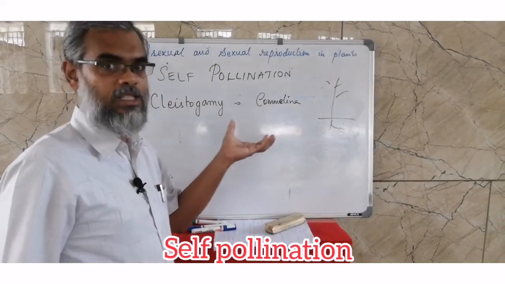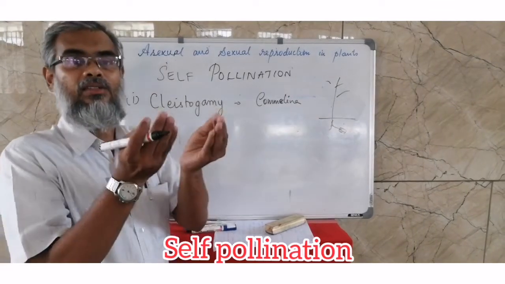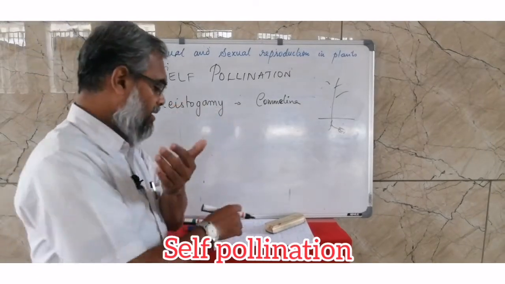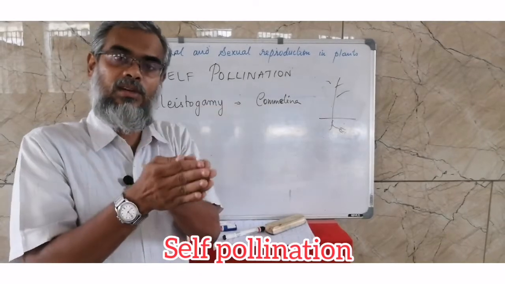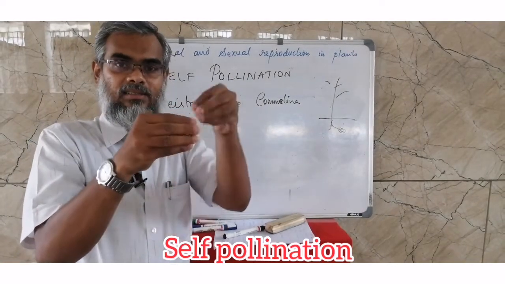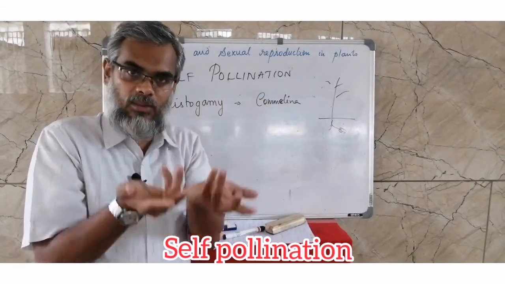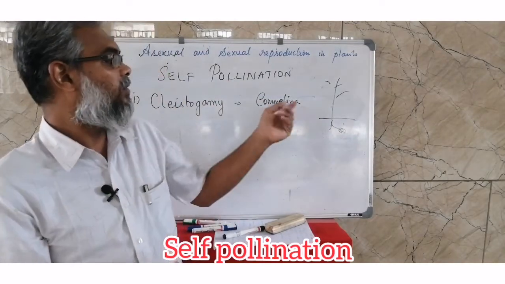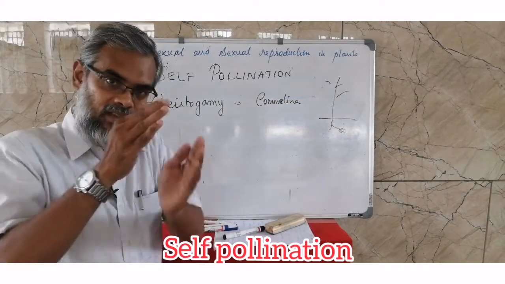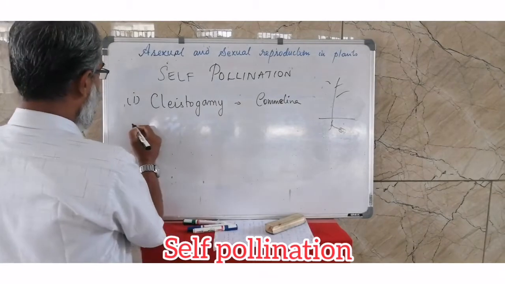So Commelina is a special plant where the flowers are present even under the soil, and those flowers are closed, so cleistogamous. Understand, dear students, when the flowers are closed, the only possibility is that the pollen grain from the anther falls on the stigma of the same flower. Therefore, cleistogamy is one case of self-pollination, where pollination occurs within the flower.